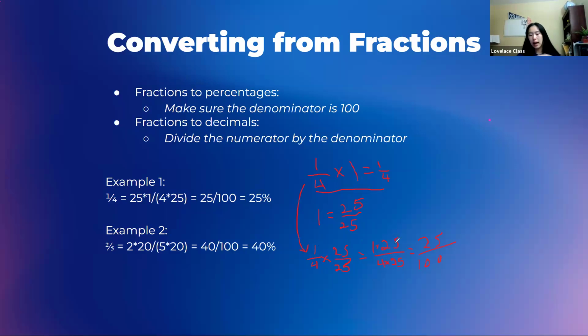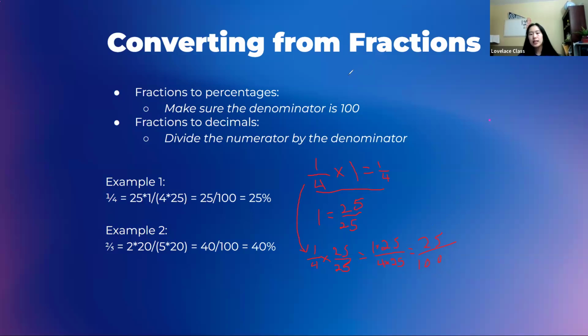So you take the line, and then you multiply the denominators. So 4 times 25, right? So you go from 1 over 4 times 25 over 25, then you get 1 times 25 over 4 times 25, which, if you simplify that, equals 25 over 100. Does that make more sense? Okay, good. So that's how you get to 25 over 100.